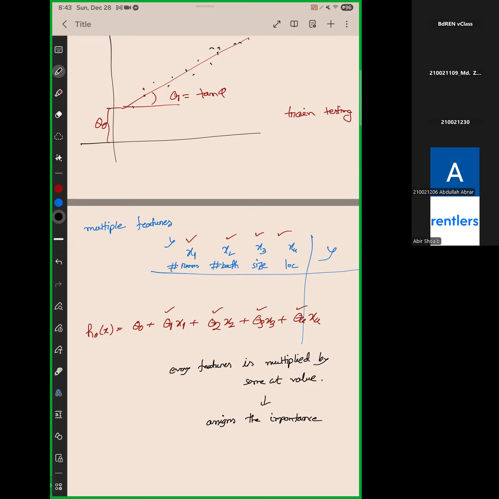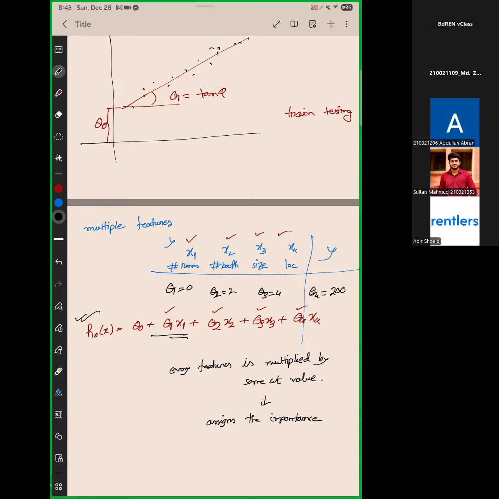For instance, if the theta 1 value is equal to 0, will this feature have any effect on the hypothesis function? No, sir. Now let's say theta 2 is equal to 2, theta 3 is equal to 4, and theta 4 is equal to 200.